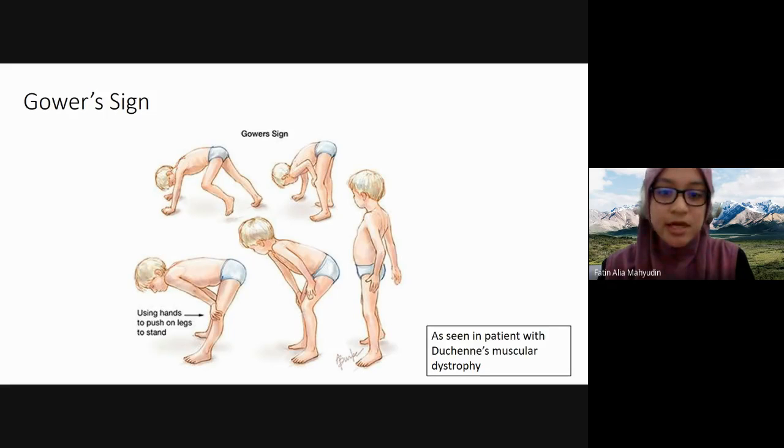If the child has a proximal weakness, they may roll onto the abdomen. As you can see, they roll from the supine position and climb up their legs using the strength of the upper limb. The child uses the upper limb to stand up instead of getting up normally.